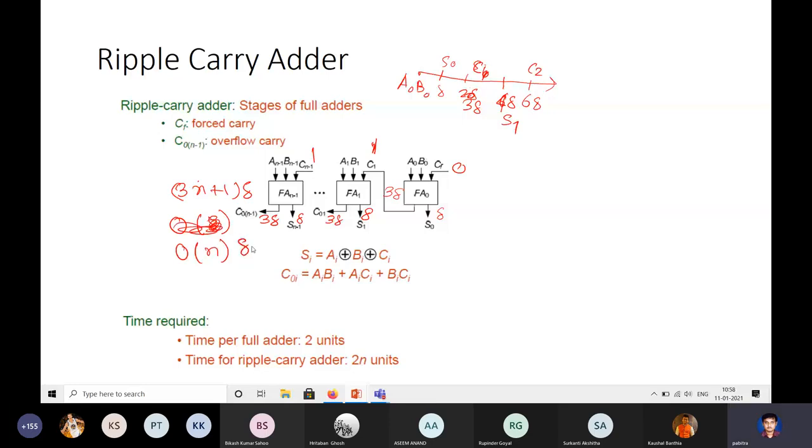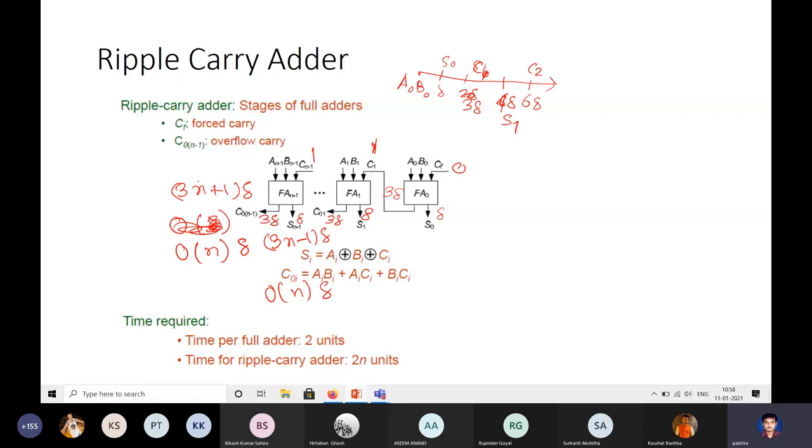This final result, Sn minus 1, will come at 3n minus 1 delta. You can check that. So this final Sn minus 1 also comes at order n delta. So even though this is a simple circuit, if n is large, the delay will also be large.